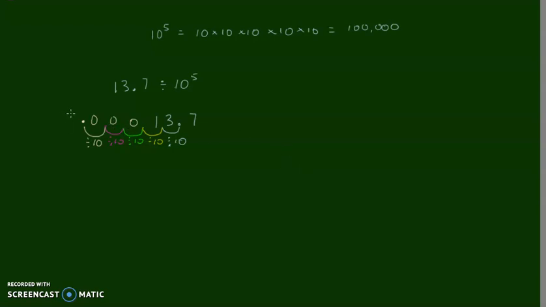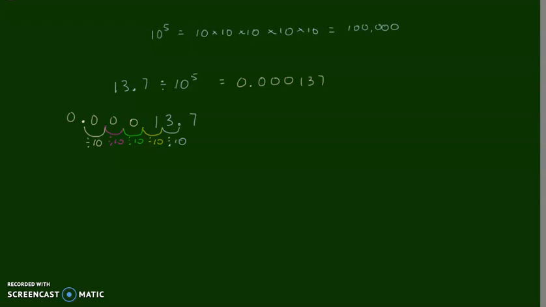If you choose to, you can also put a 0 out front. So 13 and 7/10 divided by 10 to the 5th equals 0.0000137.